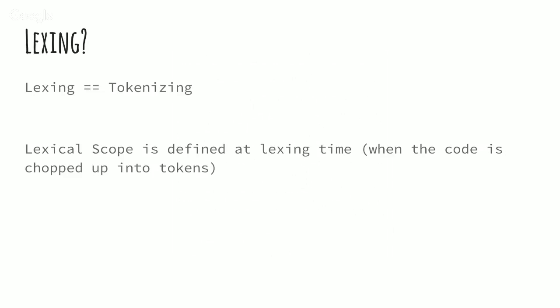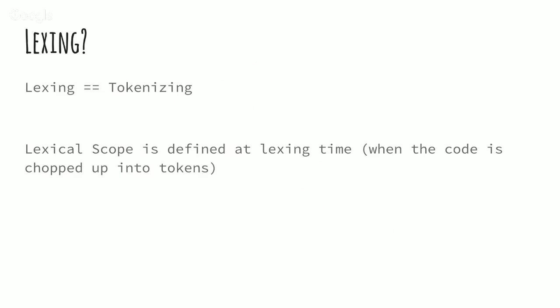It sounds cooler than lexing or tokenizing. Well, I actually think lexing is a linguistics term. Oh, really? Ever heard of lexical linguistics? I think that comes out of linguistics. Nice.